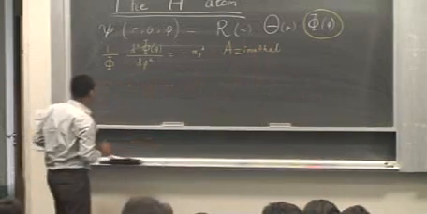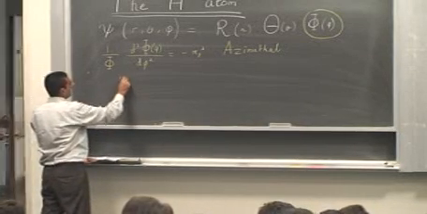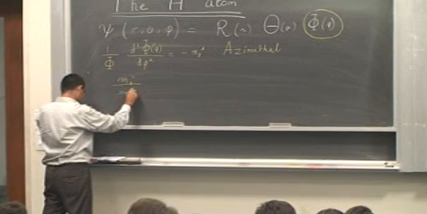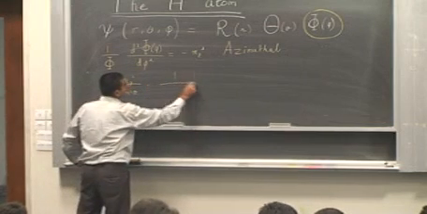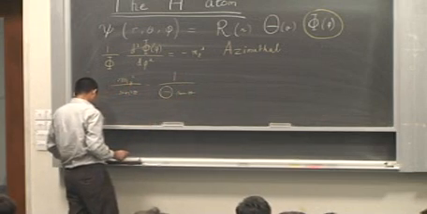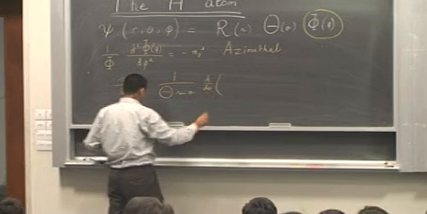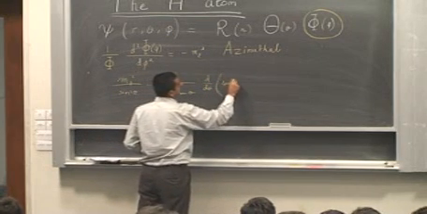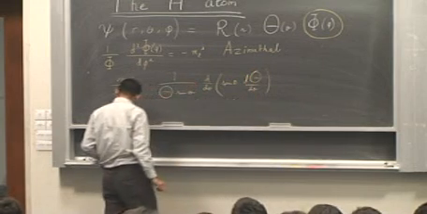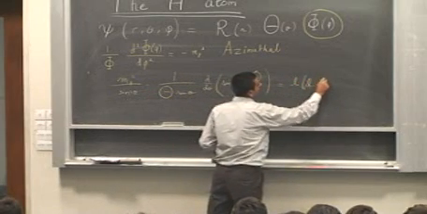And then we have a polar equation which goes as follows: ml squared over sine squared theta, minus 1 over capital theta sine theta, sine theta, L plus 1.